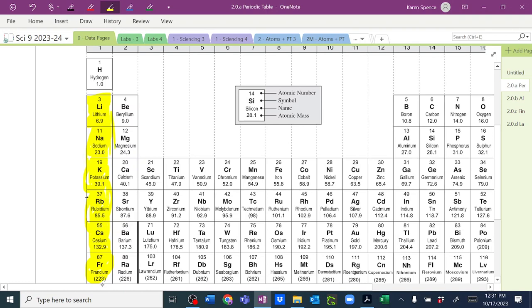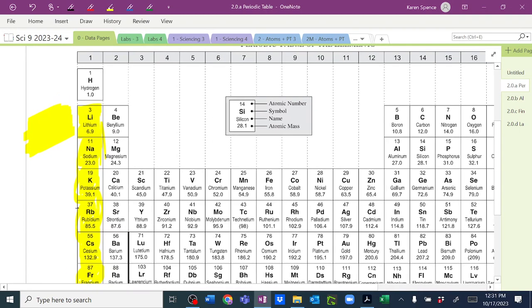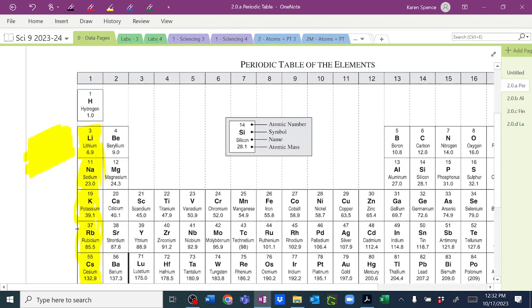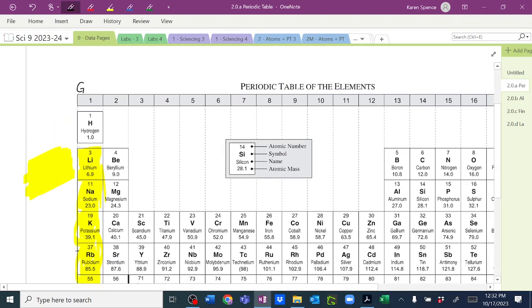Tell your partner, what do we call those ones that are shaded in yellow? Okay, so I'm hearing the word group, which is good. So this here is a group.